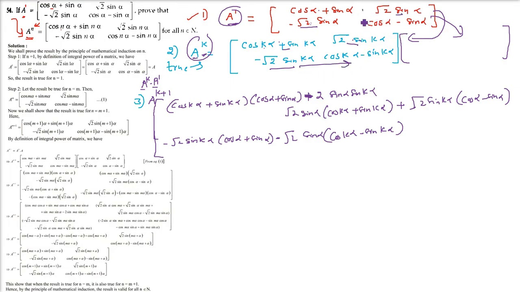Please remember, the second row with the first column we have multiplied. And now the second one. So minus root 2 root 2 is 2, sin alpha sin k alpha. Second row, this minus 2, sin k alpha sin alpha. And then the second one is cos k alpha minus sin k alpha into cos alpha minus sin alpha.